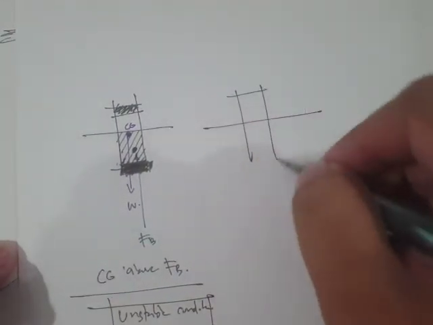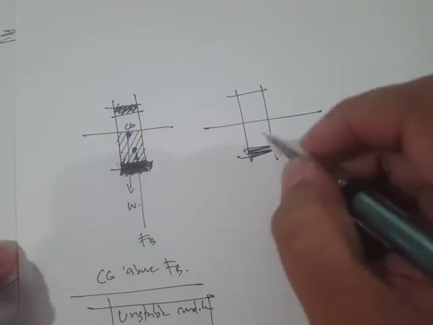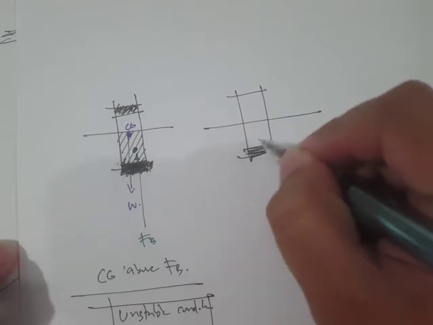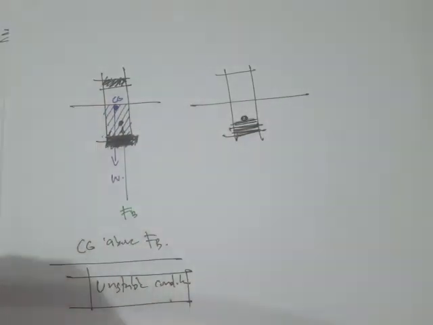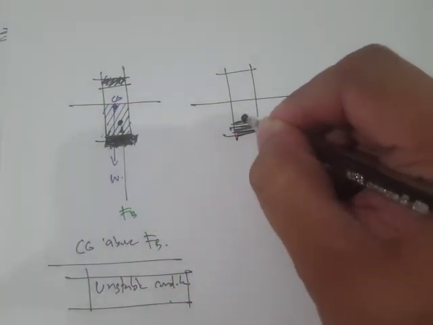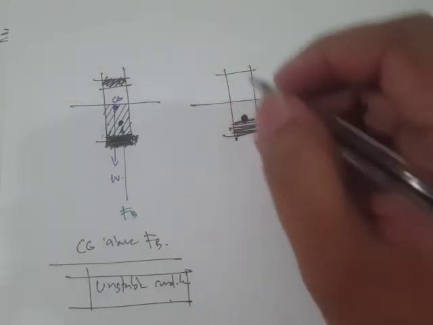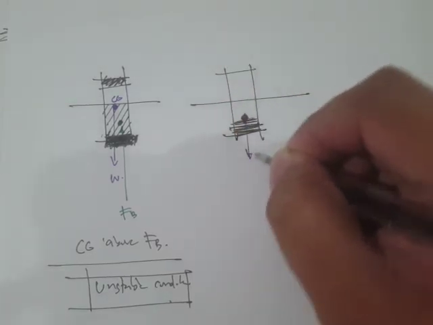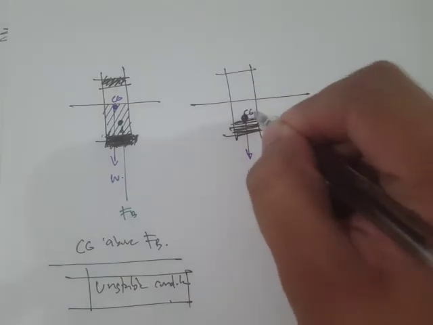What if you have a heavier bottom? Now, if our bottom is heavy, then of course the center of gravity would be close to this concentrated mass. That's our CG.